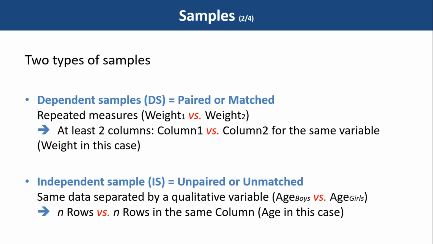The independent sample presents the same data, but separated by a qualitative variable, like the age for boys versus the age for girls. This means n rows versus n rows in the same column, which is the age in this case.